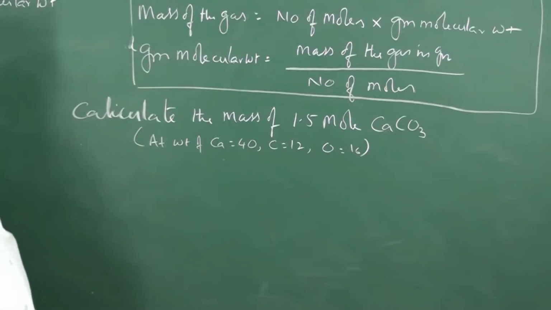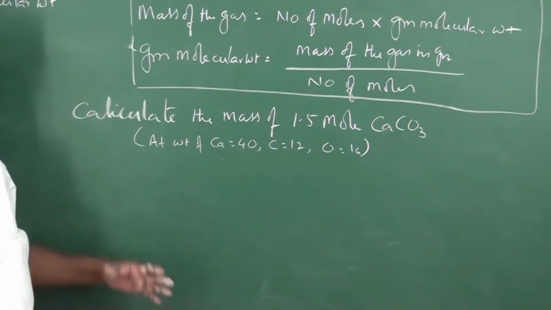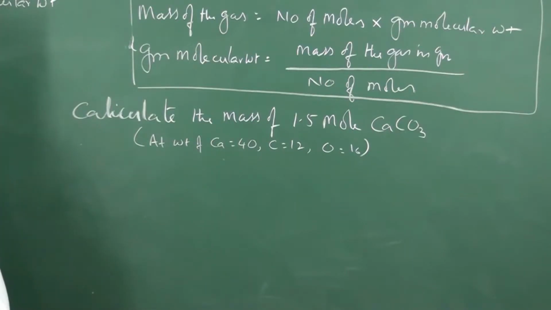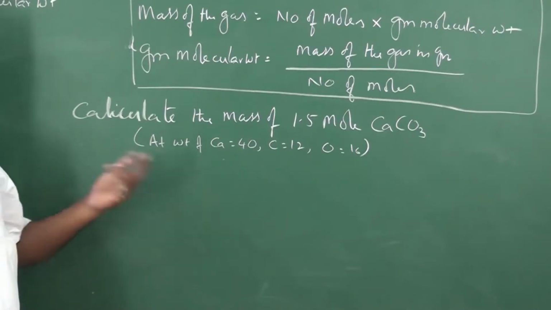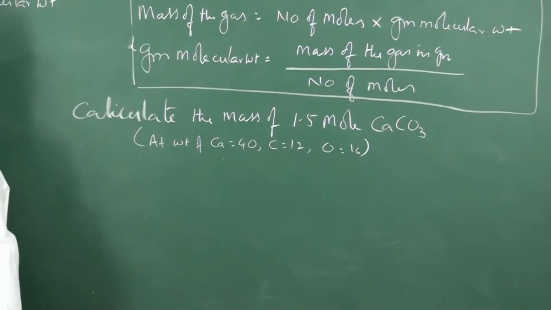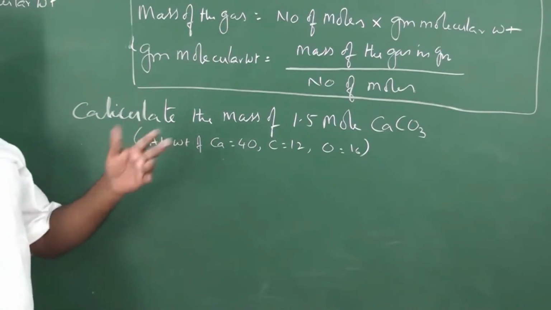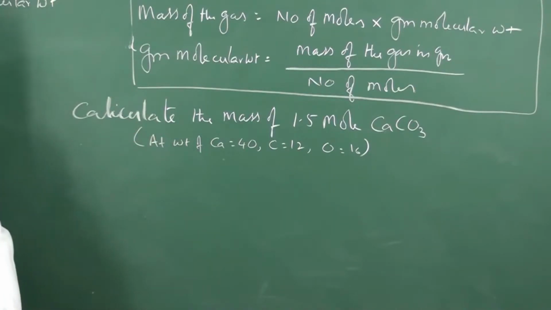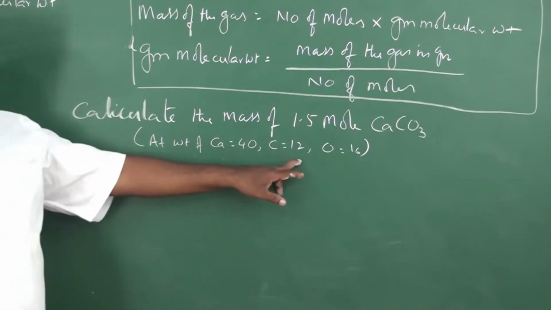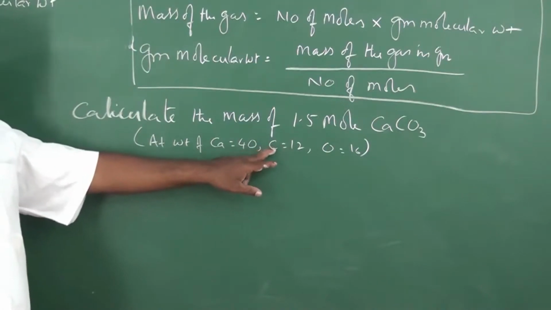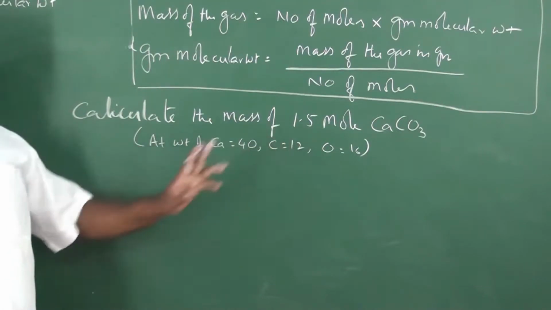So here the number of moles were given and they are asking the mass of the substance in grams. Molecular weight is not given, but they have given us the atomic weights.